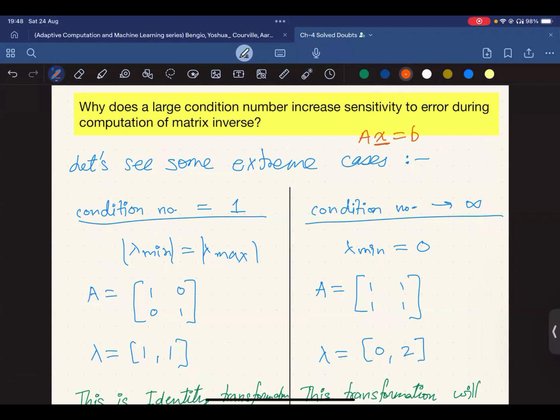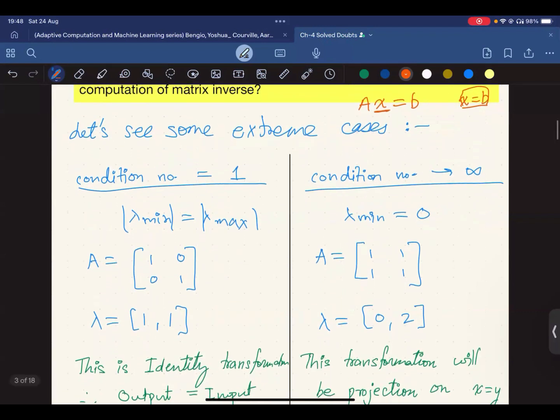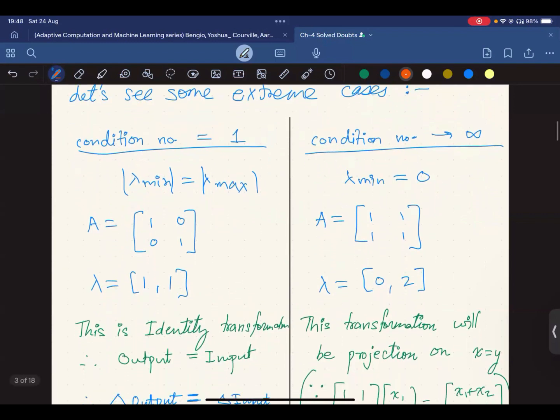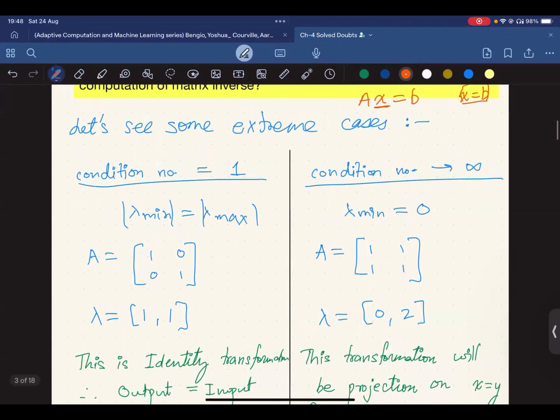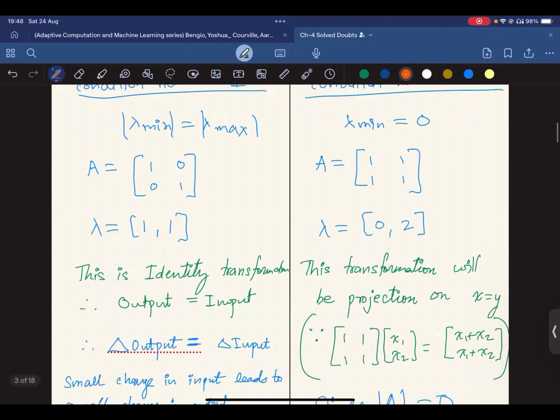So A is the transformation matrix and b is the input. When A equals the identity matrix, we have x equals b. Whatever input b is, x will always be equal to that. So a small change in b will produce a small change in x, right?